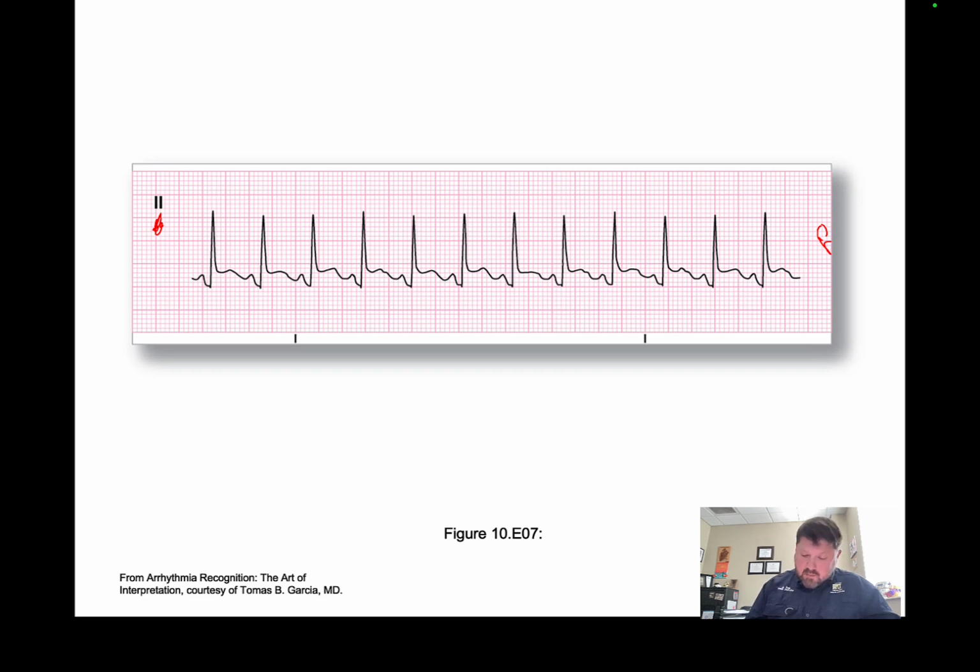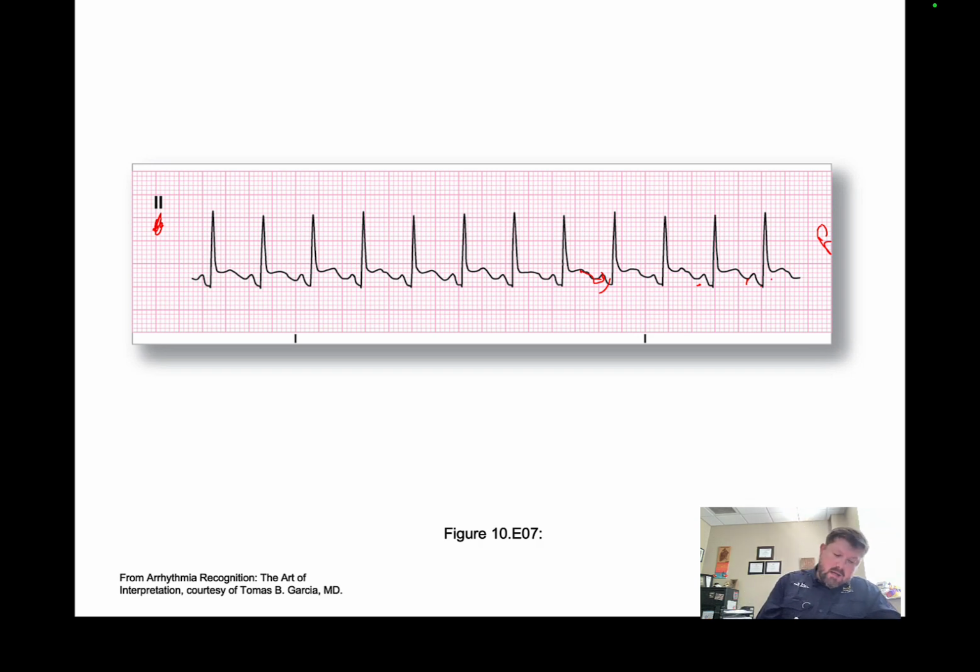My rhythm is regular. My P waves, even though they're kind of merged in right here, they're all looking okay. My PRI is kind of hard to determine, but it starts about right here, and it looks a little narrow, so 0.12, and then my QRS would be from here to about right here, which is 0.08.